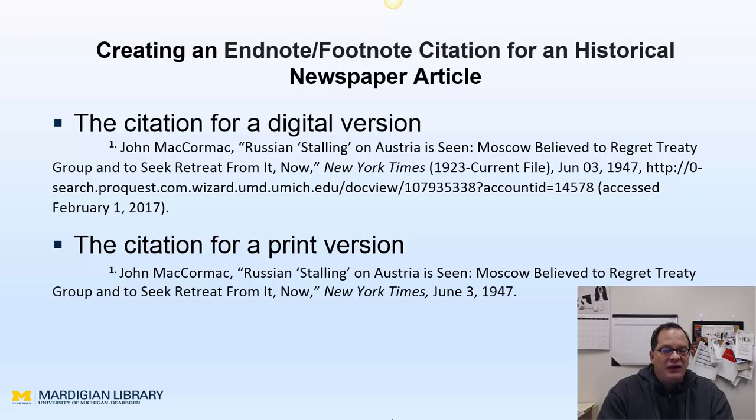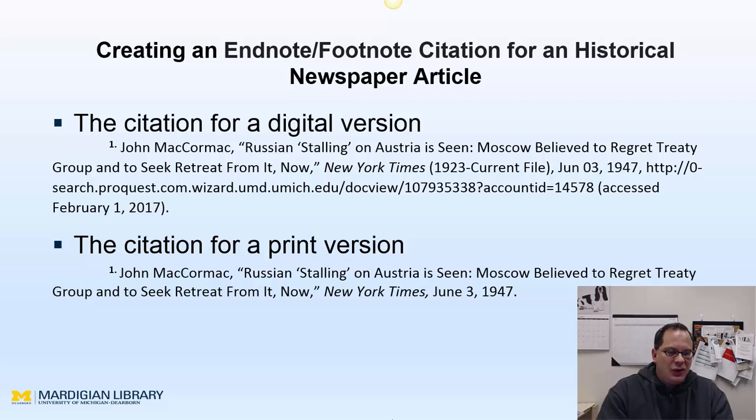You would not have to list, obviously, that it's coming from the 1923 to current file. You would not have to list the special URL. In the case of finding something, for instance, on the New York Times website, you would list the URL that's at the top of the screen. So it would be a much more abbreviated version of this citation.